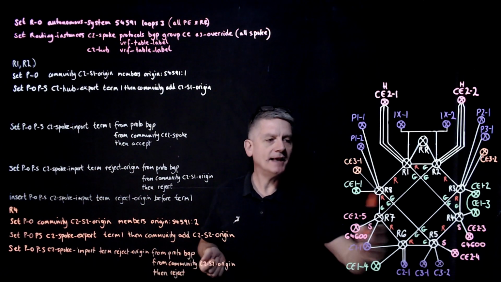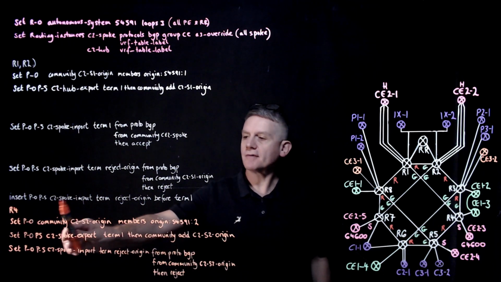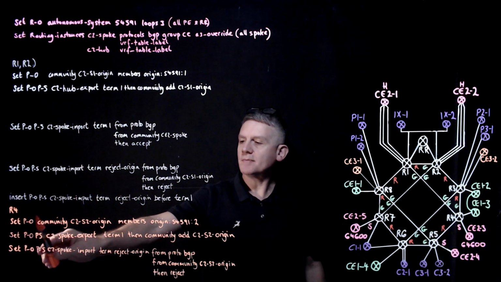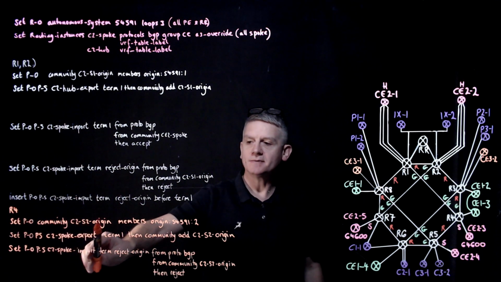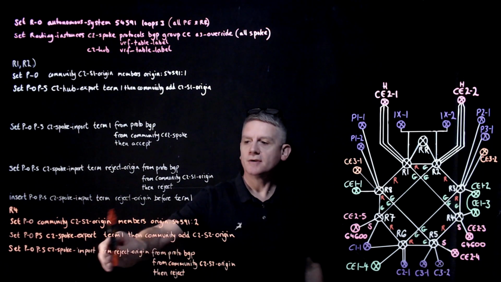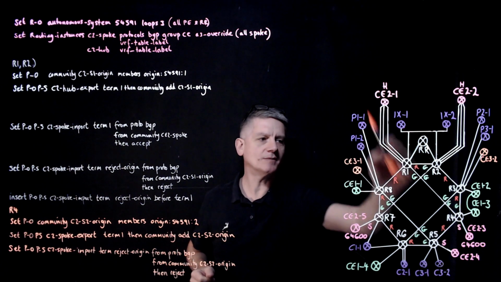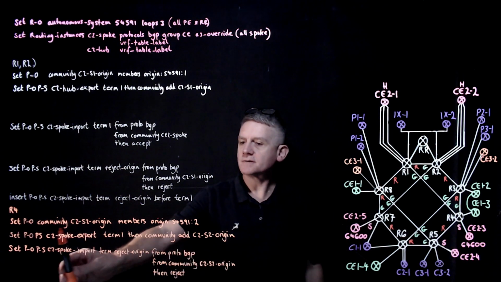Okay, and then here we are at router 4 and we have exactly the same mechanism. On router 4 and router 5, set policy options community C2S2 origin, members origin, and we're ending with a 2 because these are in site 2. This is site 1, this is site 2. So what are we doing?